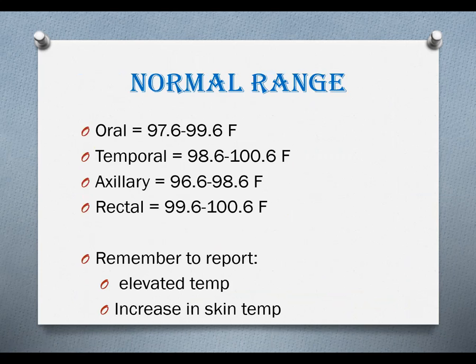Anything below or above the normal, say for instance, you took an oral and it's 96 or 95, and then the highest, maybe it goes to 101, you may want to be reporting that temperature to your nurse right away. So goes with all these others, temporal, auxiliary, and rectal.